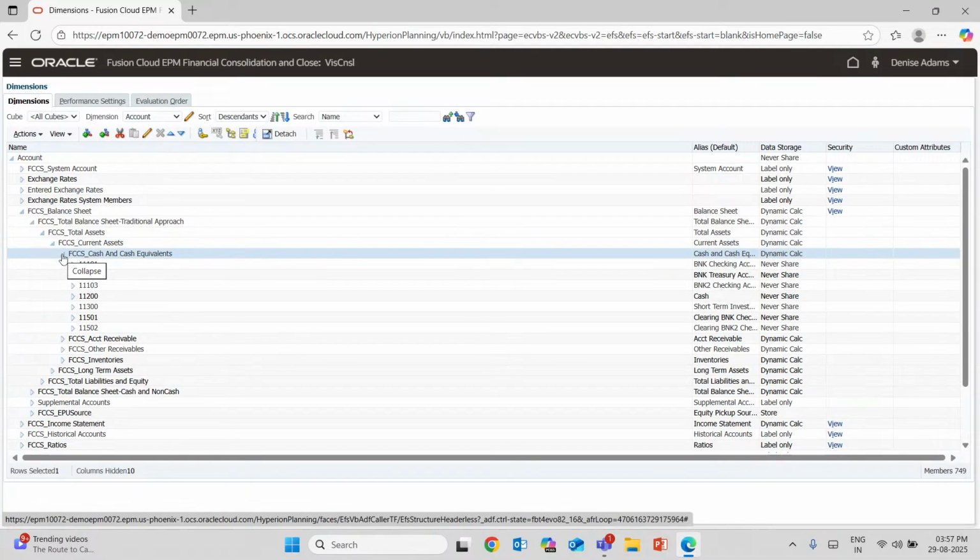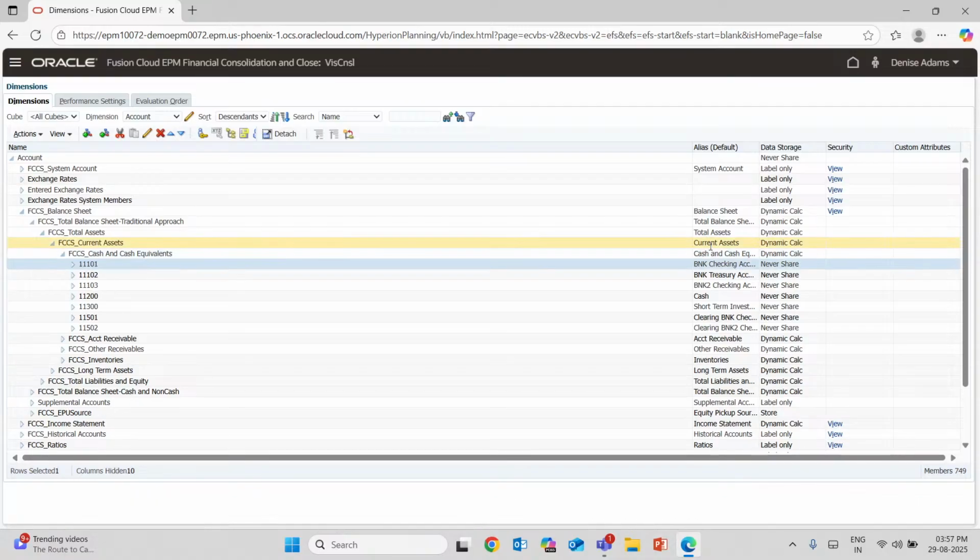This GL code represents the alias name with a bank. The GL code is 1001101.